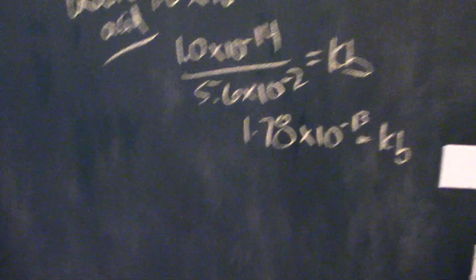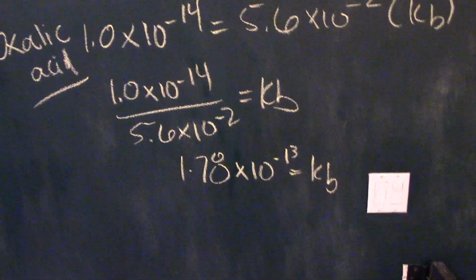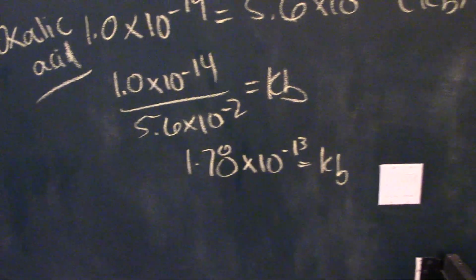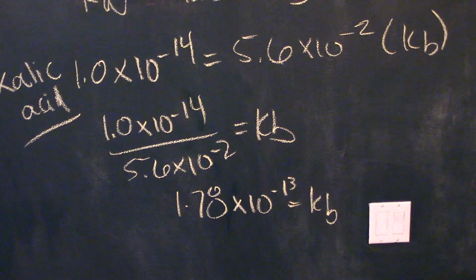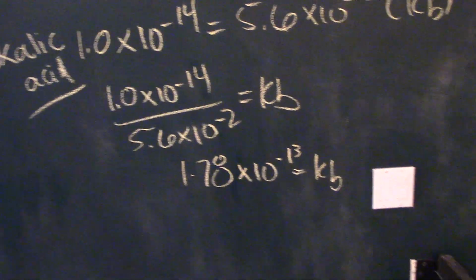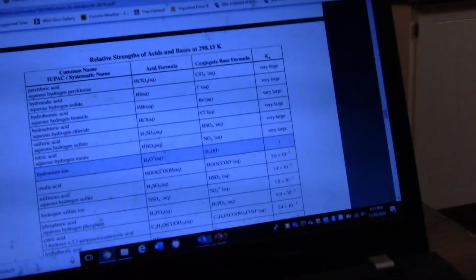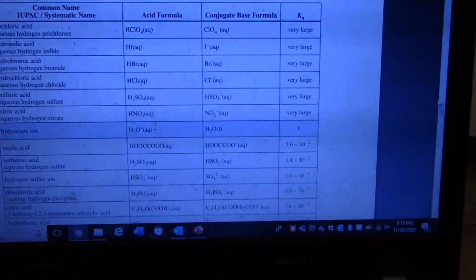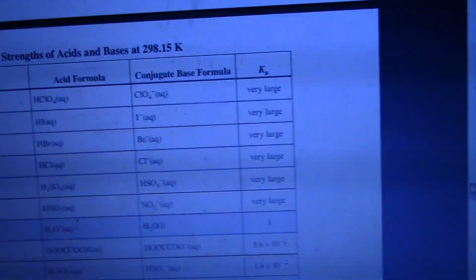All right, so when we talk about strong acid over strong base, or strong base over strong acid, we're actually talking about the base ionization constant and the acid ionization constant. As we look at our data booklet here, when we look at the big 6 acids, they all have very large Kas, so they have negligible Kbs because they all make hydronium.